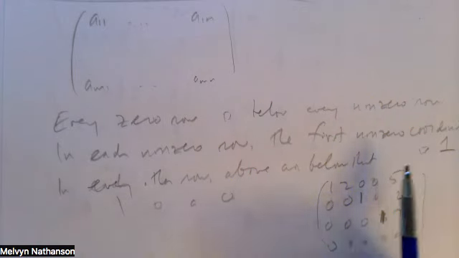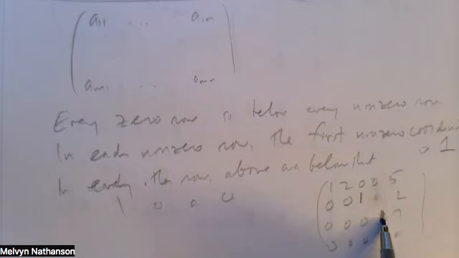Everything above and below it is a 0. In the third row, the first non-zero number is a 1. Everything above and below it is a 0. So the 0 rows are below the non-zero rows. Every non-zero row starts with a 1. As you go from left to right, the first non-zero coordinate is a 1. And in the column where that 1 occurs, everything else is 0.